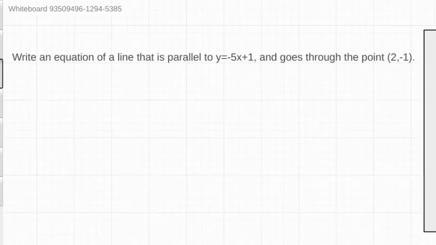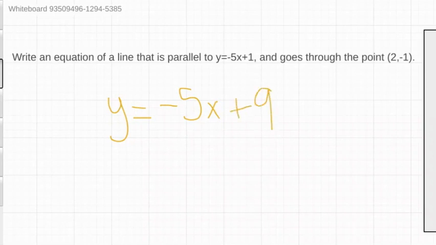Write an equation of a line that is parallel to y equals negative 5x plus 1 and goes through the point 2, negative 1. Do this on your own and come back when you have the answer. So our equation would be y equals negative 5x plus 9.